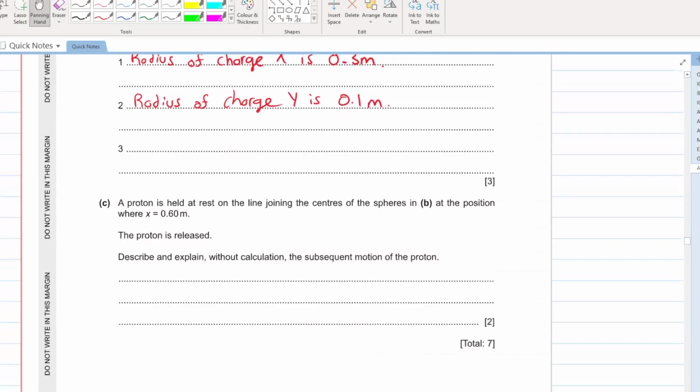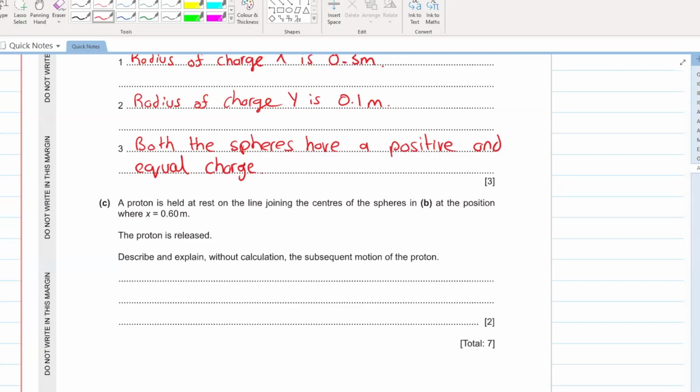So you can write here: both the spheres have a positive and equal charge. Now this is interesting. Both the spheres have a positive and an equal charge.